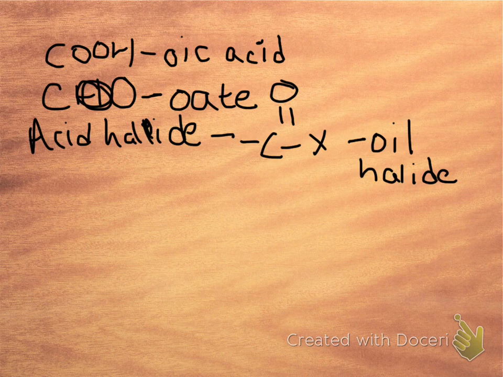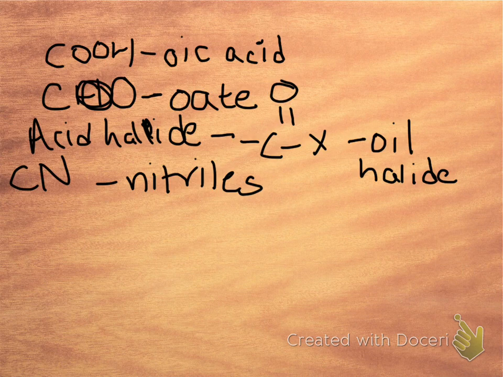Halide means chloride, bromide, iodide, like that. Then we learned about CN or cyanide, which is denoted by nitrile in the secondary suffix.